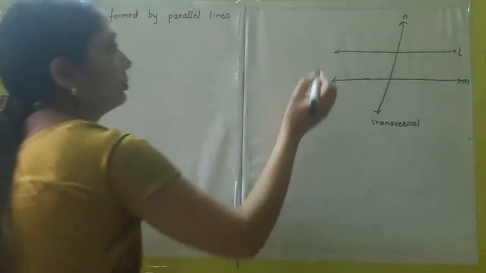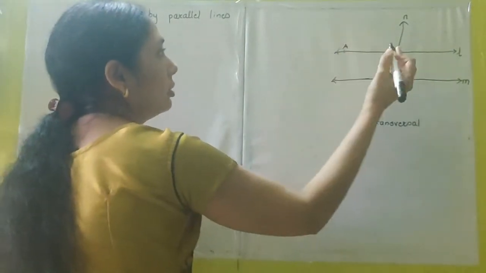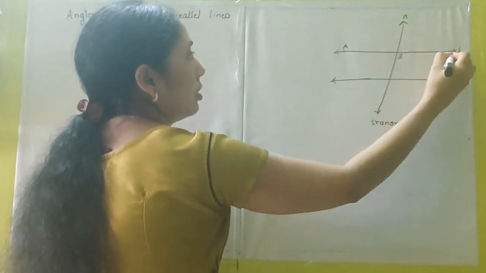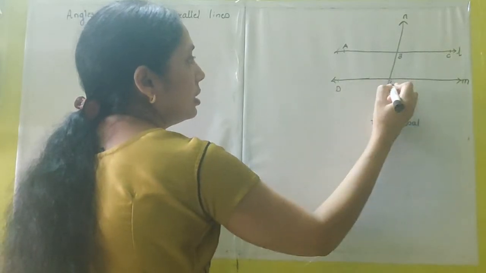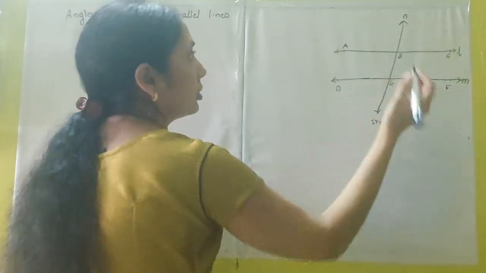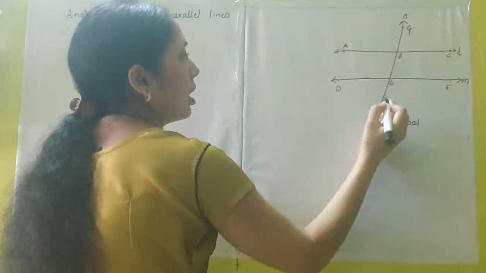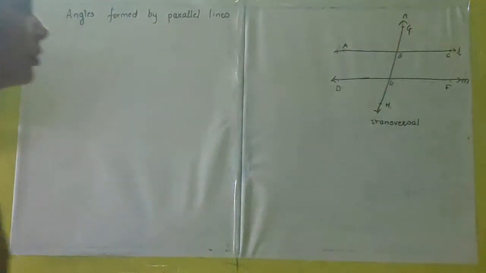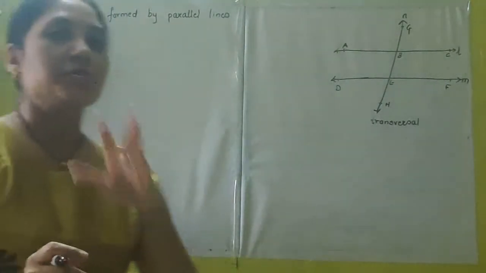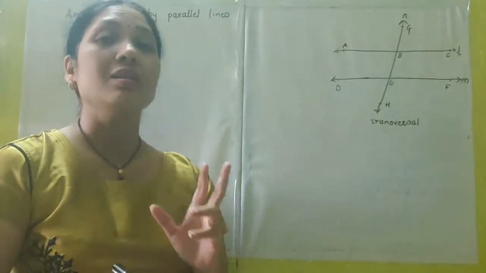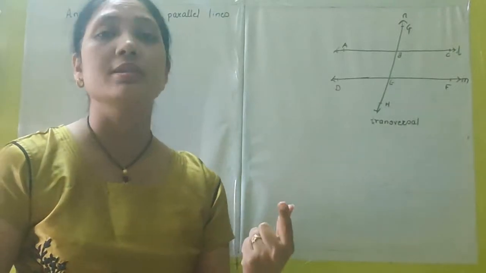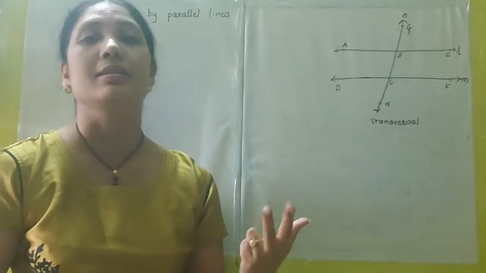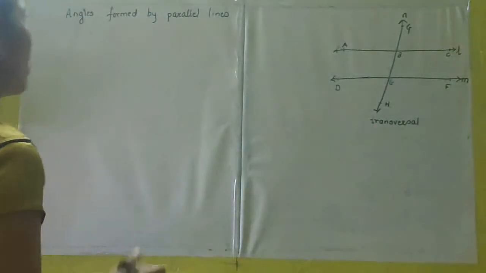I'll label these A, B, C, D, E, F, here I'll write G, and here I'll write H. I've labeled this. So first, there are three types of angles which are formed due to the parallel lines and its transversal. First is corresponding angles, second is alternate angles, and third is interior angles. So let us start first with the corresponding angles.